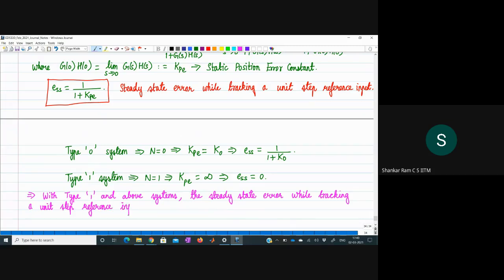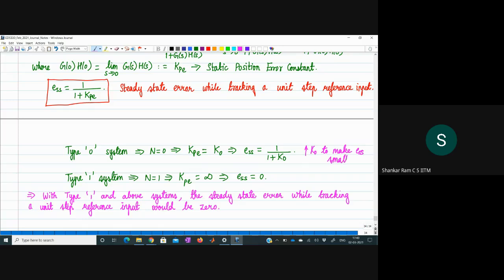Step reference input in general. On the other hand, for type 0 system, the steady state error is 1 by 1 plus k naught. So, we need to increase k naught to make ESS as small.